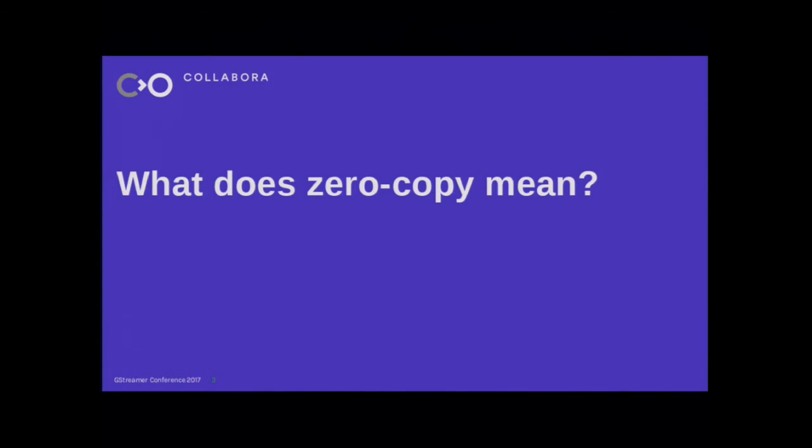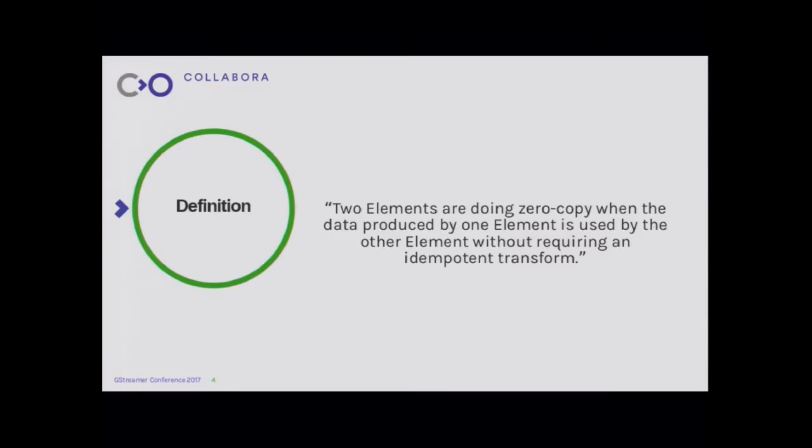So, what's zero copy? I'm not really a dictionary writer, I just created that definition on my own. I said that two elements are doing zero copy when the data produced by one element is used by the other element without requiring an idempotent transform.